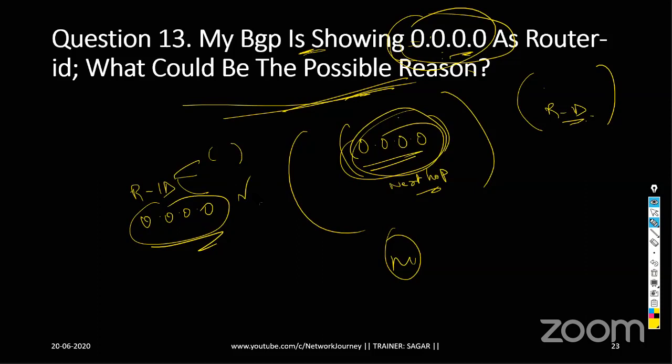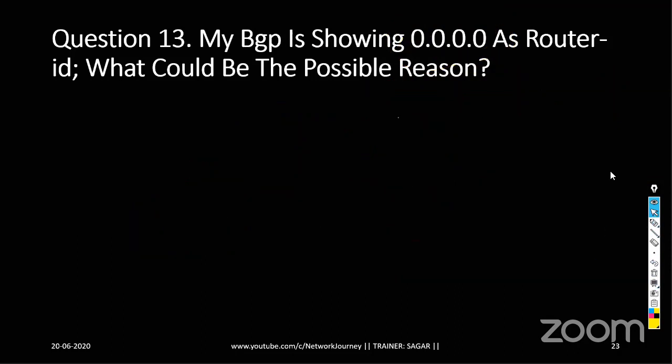Yes, you're right. So router ID 0.0.0.0 is a scenario when you don't have any active interface or any manually configured router ID. In that case you will see in a debugging message that the router ID shows up as 0.0.0.0, and that's the reason BGP is not able to initiate. That's a debugging line where you see this.